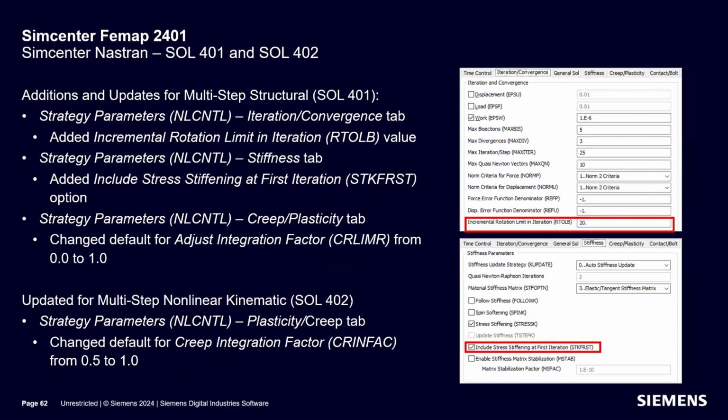We also added a few options for newer versions of Simcenter Nastran, so a couple of options for solution 402. We also changed a few defaults, and changed an option for solution 402 as well. These are Simcenter Nastran's multi-step structural and multi-step nonlinear kinematic solvers.